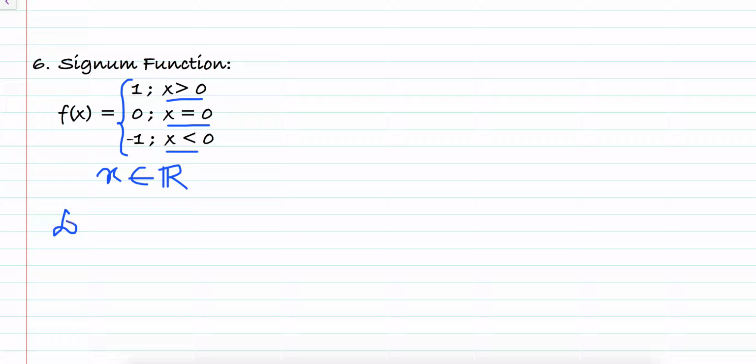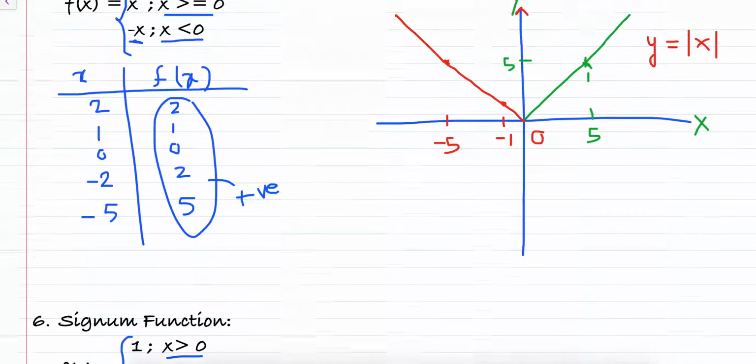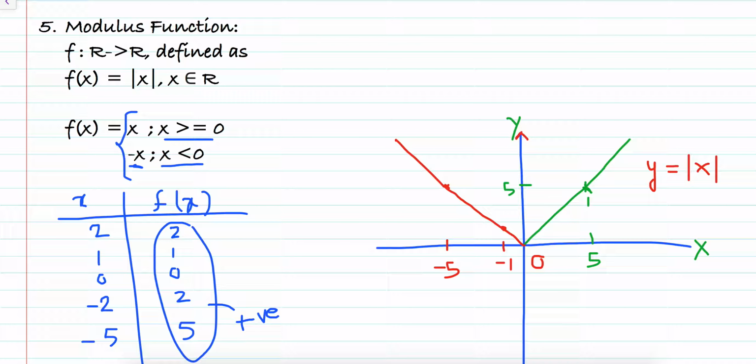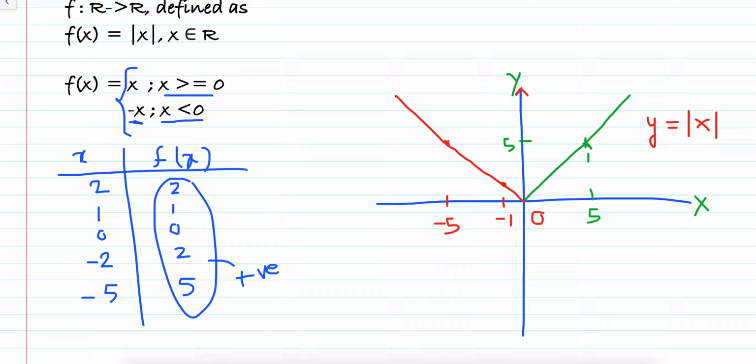So its domain, we can say, will be the set of real numbers. Similarly for our previous functions, we can define the domain and range. So here the domain is the entire set, x can take any real number.